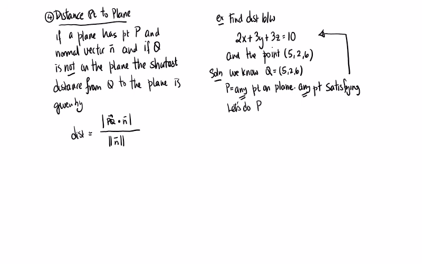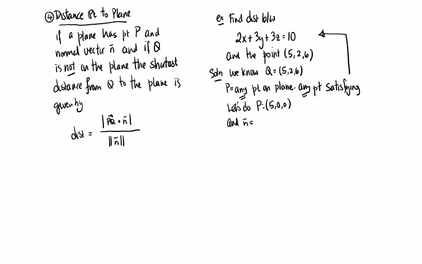So let's do, for example, P is 5, 0, 0. That satisfies that. It's a really easy one. 2 times 5 is 10. Make y and z 0. You're good to go. You could do something else. You could do 2, 2, 0. That would work as well. Lots of choices. Doesn't matter. The distance will be the same. The calculation will be different, but the distance will be the same.